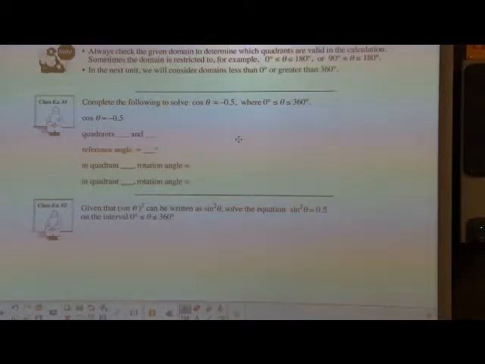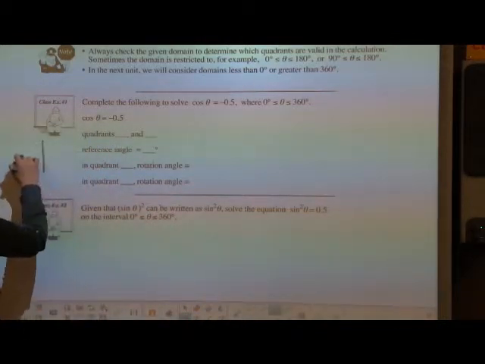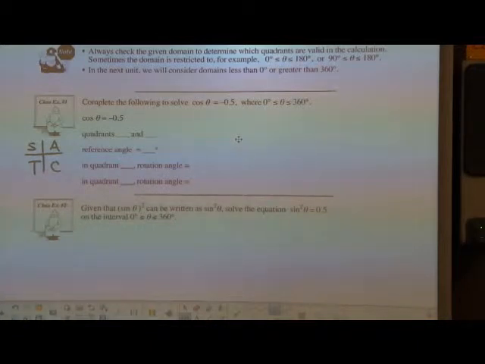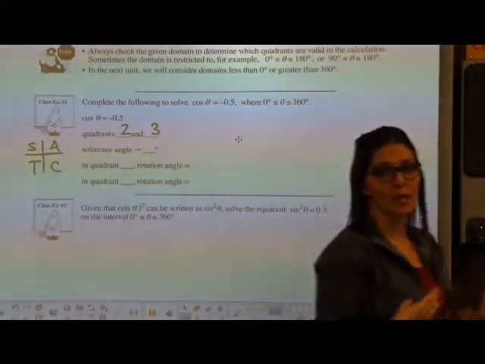So you have to be in degree mode for this to work. If I look at my CAST rule, in what quadrants is cosine negative? 2 and 3. So theta has to be in quadrants 2 and 3.